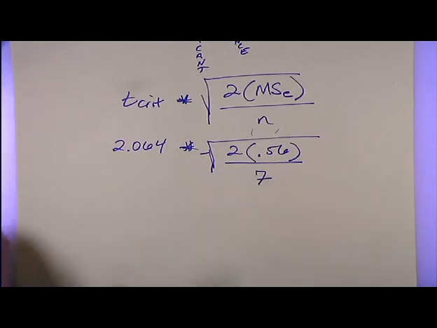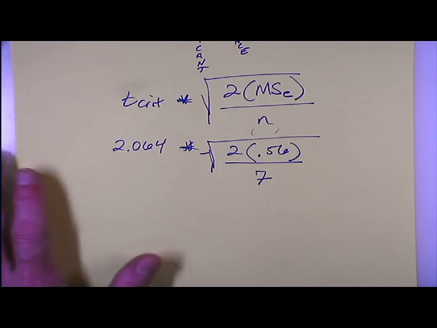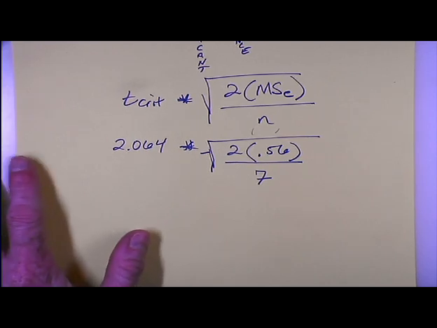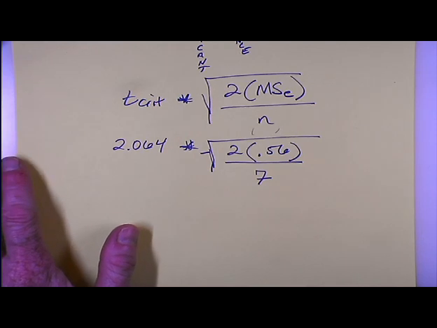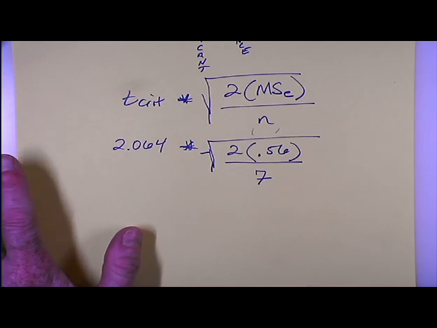Okay. So I always do this sort of from the inside out. Go 2 times 0.56 divided by 7, square root, times 2.064. I might have made a mistake. Did you guys get 0.8256? Yep.